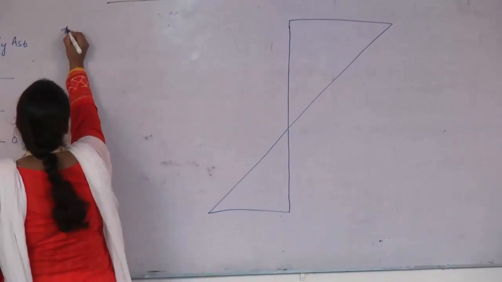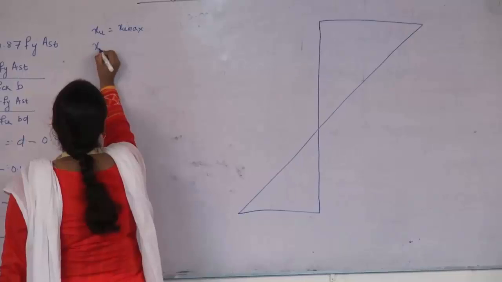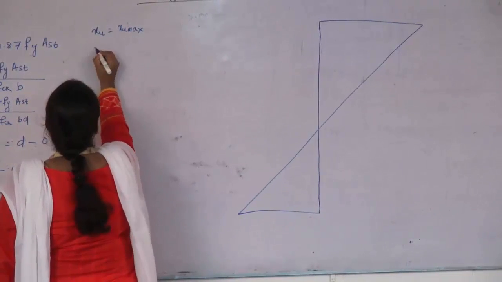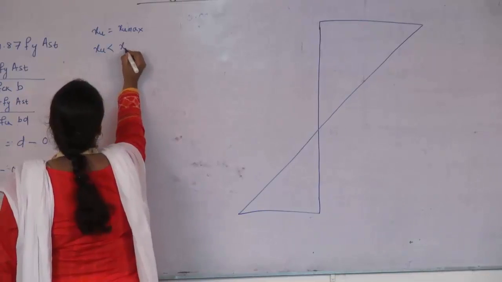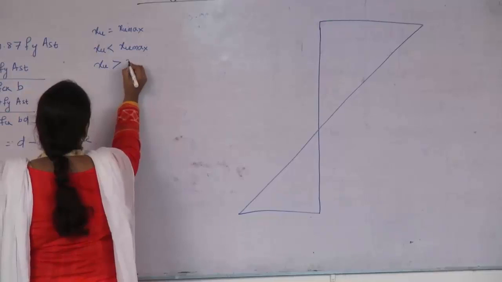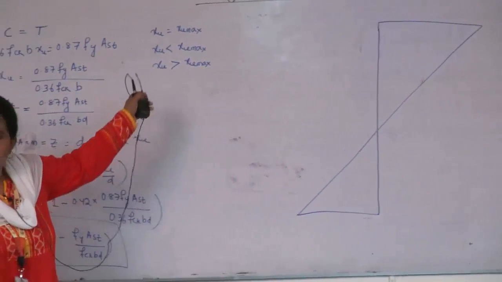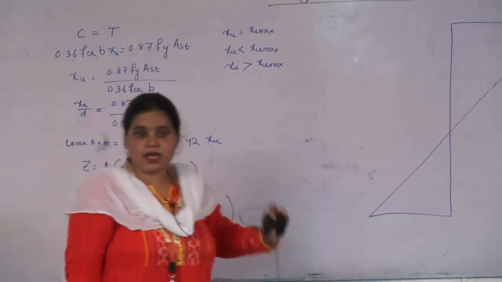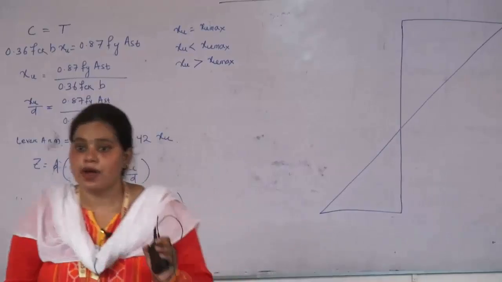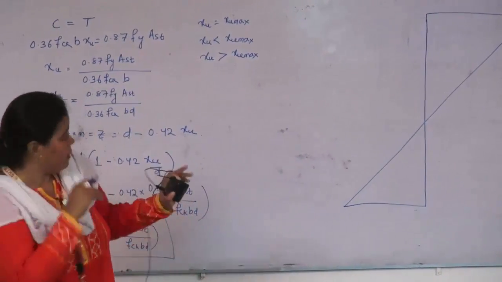First is XU equal to XU max, XU less than XU max, and XU greater than XU max. These three conditions, listen carefully, okay? Now I am going to take these three conditions to find out the position of our neutral axis.